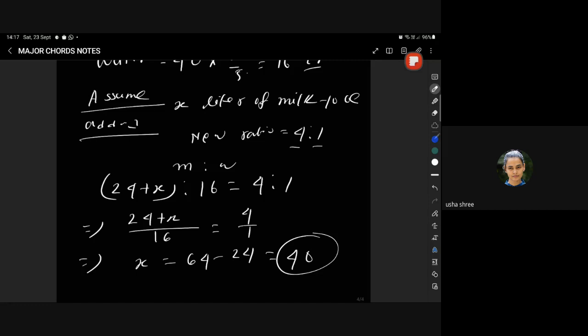So if you add 40 liters of milk, then the ratio will become 4:1. No doubt in that? We substitute 40 in the original ratios.